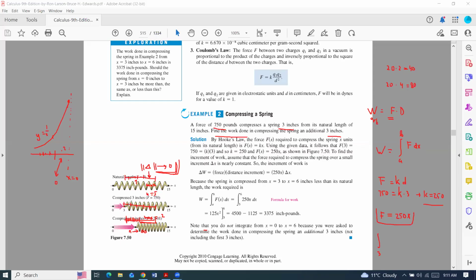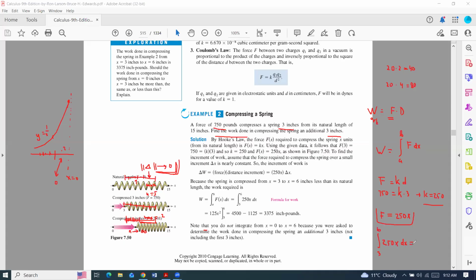They try to draw it here. So the spring is compressed, but you want to compress it more. So from 3, extra 3, that'd be 6, right? 3 plus 3 is 6. So now the function that you want to integrate is 250 times x, and then you put dx. Integrate with respect to the x variable, just like that.